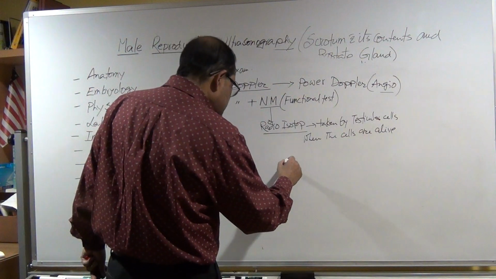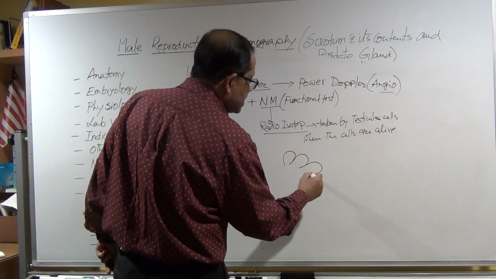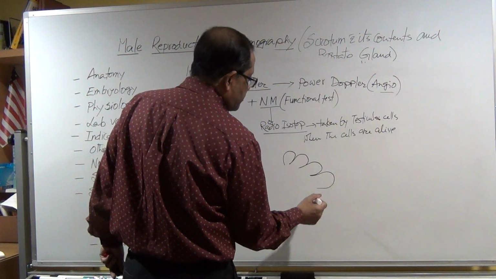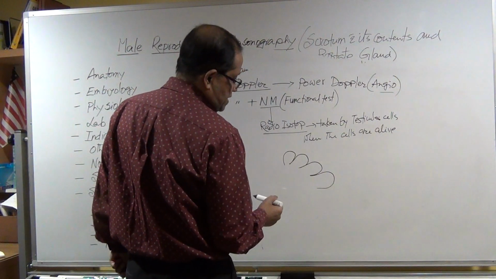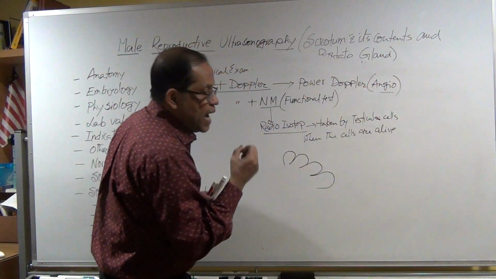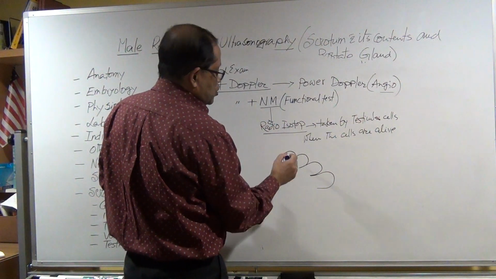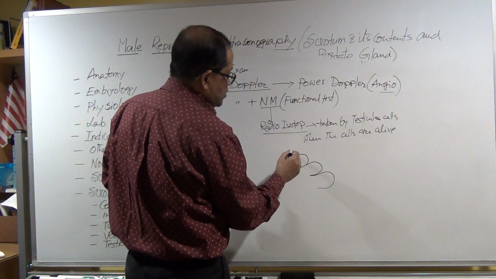So if the cells are alive, I'm just drawing the cells. So these are the cells, and when the cells are alive, they will take up the radioisotope, and these are the radioisotope.